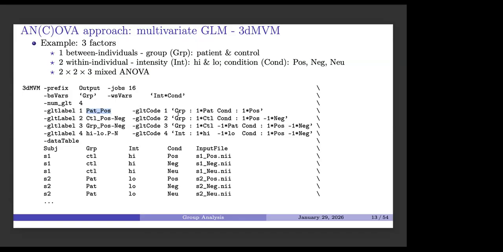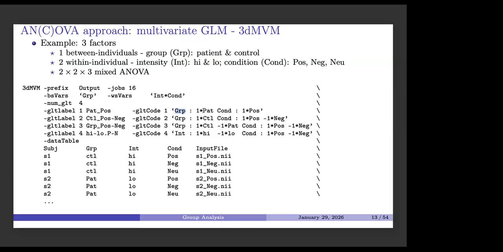So how do we code it? We use this colon to specify. Before the colon, we specify each variable. In this case, we fix the group to the patient group. So the group is a factor for patient and control, and we only want to look at the patient group.